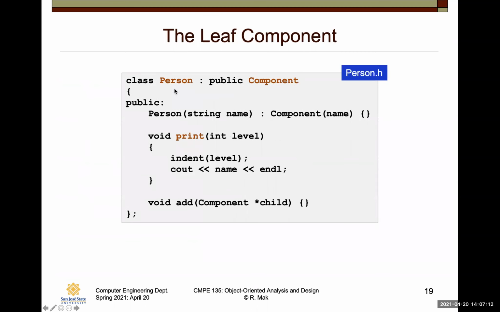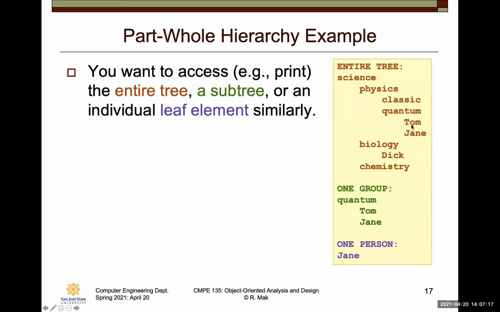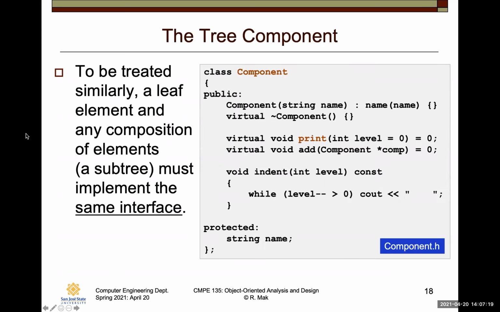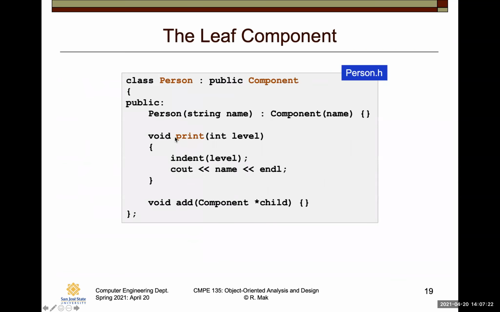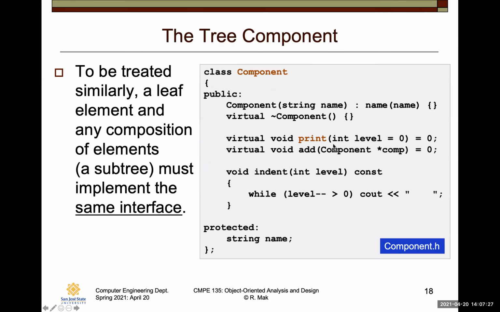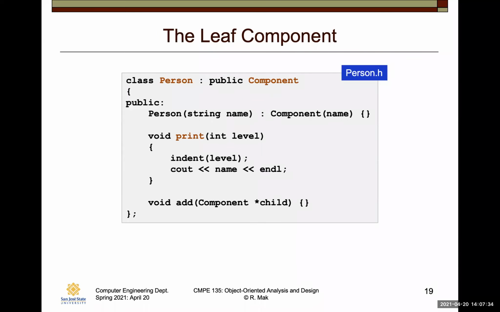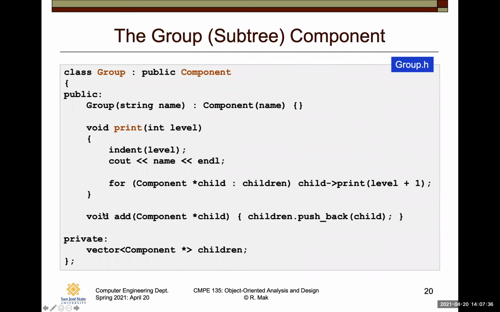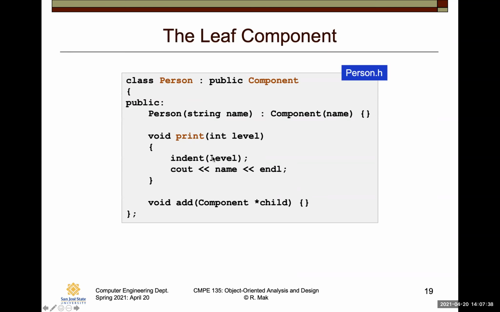Now a person is going to be a component, a person being Tom, Jane, or Dick. So we have to implement the print function. Print and add are virtual functions here. They're both abstract, both pure virtual functions. And so we have to be able to print a person. We just do an indentation and then print.